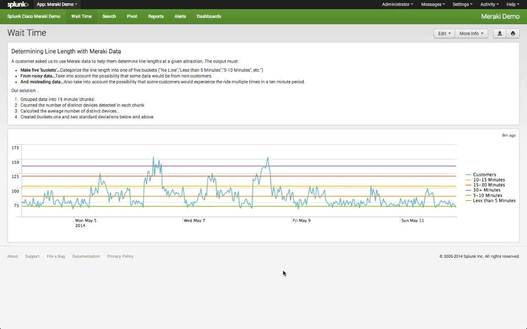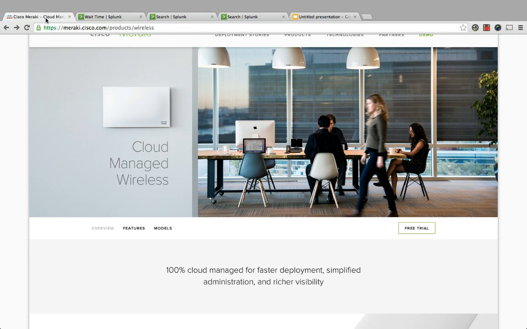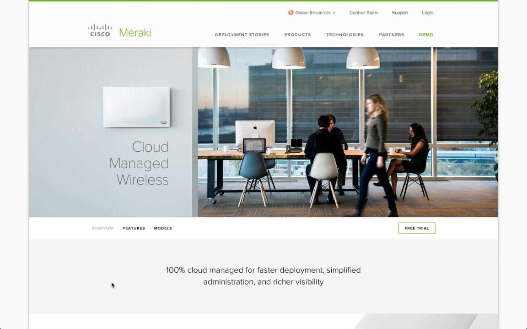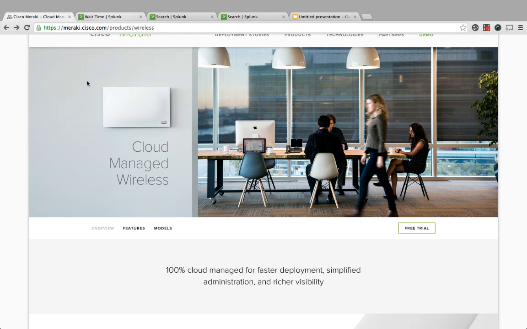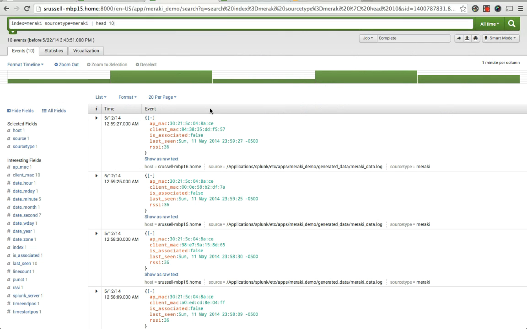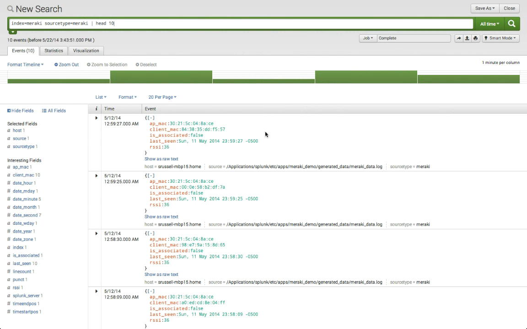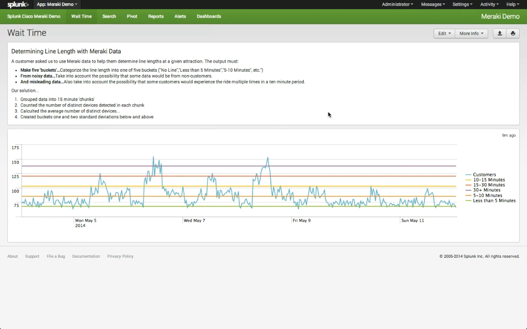This customer came to us with Cisco Meraki data, and I am not the expert on this product by any means. What I can tell you is that it's a wireless device that our customers had placed in a certain part of their facility, and they asked us to use the data generated by that device to determine line wait times.